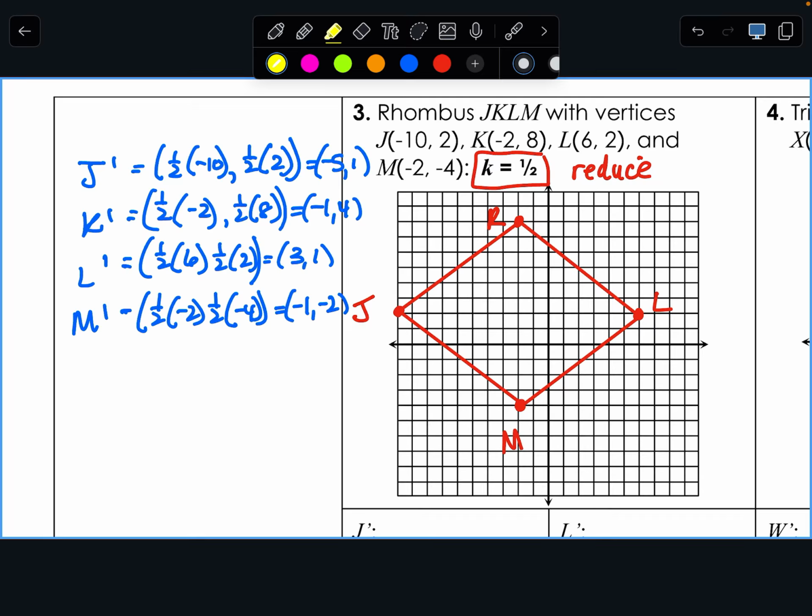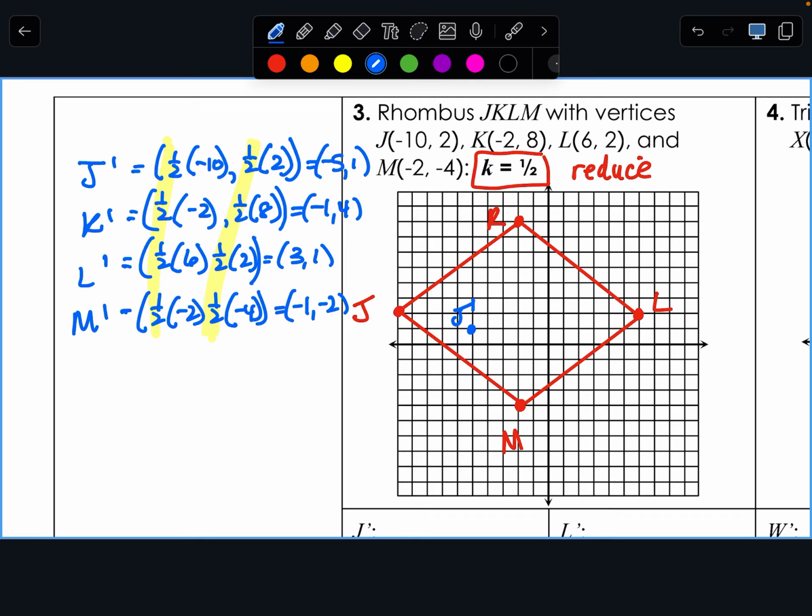So again, all that I've done is multiplied half times each of the coordinates. So there's my negative 10 and my 2. And you can use the calculator, or you can know that it's half and then substitute it in. So negative 5, 1, 2, 3, 4, 1, 2, 3, 4, 5, 1. There's J prime.